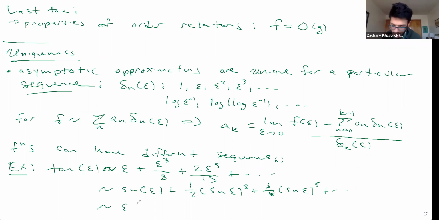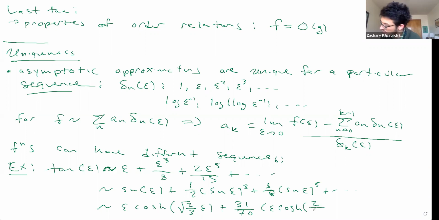You can also expand in hyperbolic cosines, square root of 2/3 epsilon plus 31/70 epsilon hyperbolic cosine of square root of 2/3 epsilon squared, plus so on and so on. I'm not showing you how to get those. You could get them using this sequence and then performing an expansion, or you could obtain some of these through iteration.